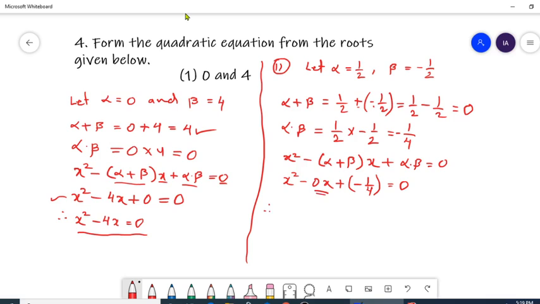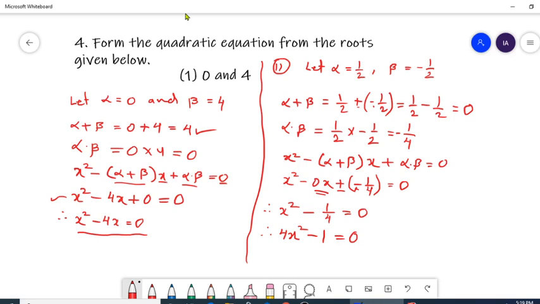So your final equation will look like this: x square, this plus and minus will become minus 1 by 4 equals to 0. Now further this equation can be simplified if you multiply all three terms of this equation by 4. So your final equation will be 4x square minus 1 equals to 0.